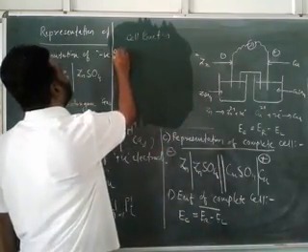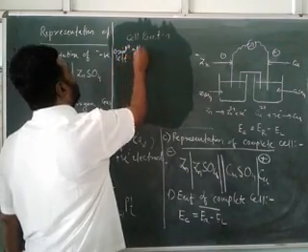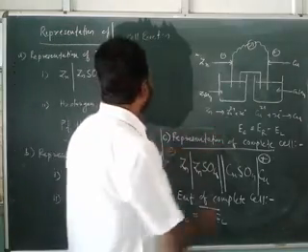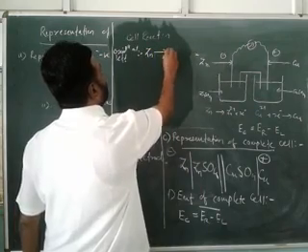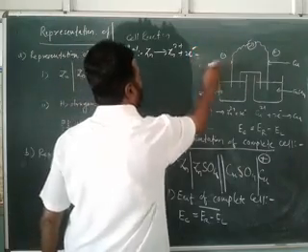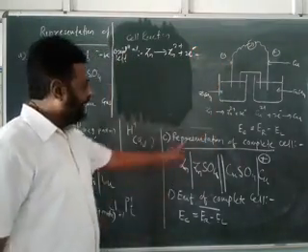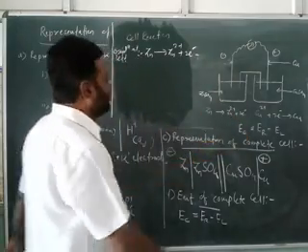So first we write oxidation at left. In the Daniell cell, Zn gives rise to Zn2+ plus 2e-. This is the oxidation reaction.